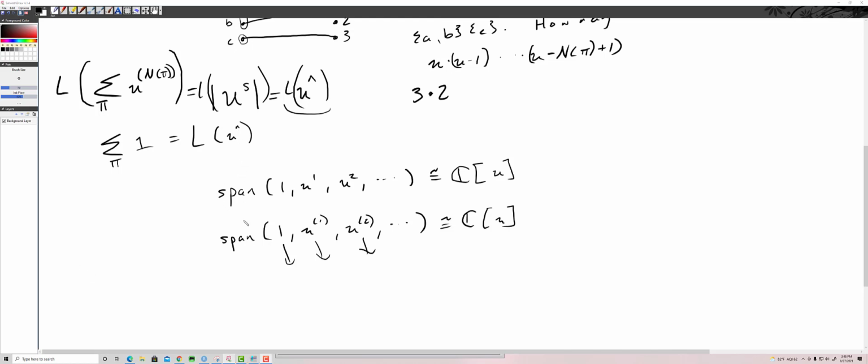Okay, and so let me elaborate a little bit here. What I'm saying is there's a dual space to this that's isomorphic to it, and it's called the space of linear functionals on U. Okay, hang on a second here.